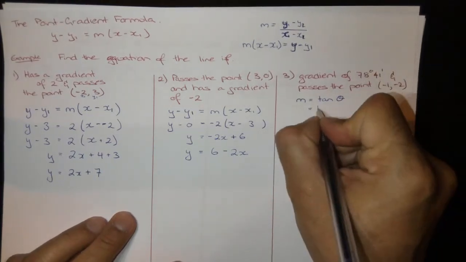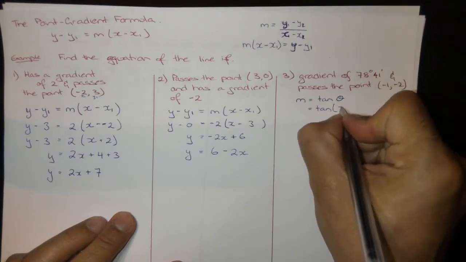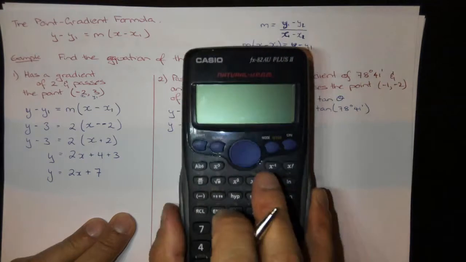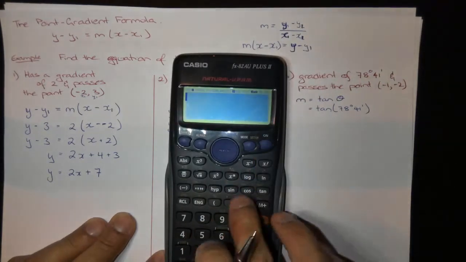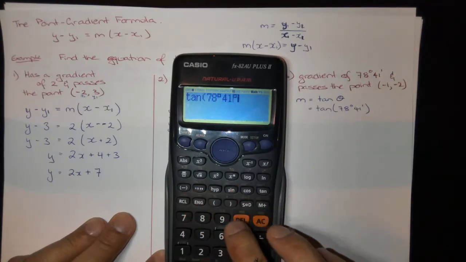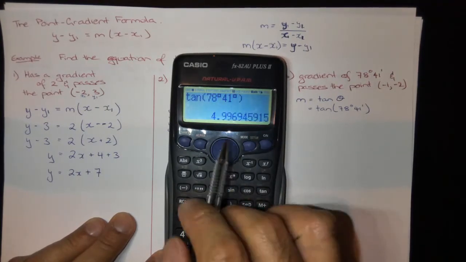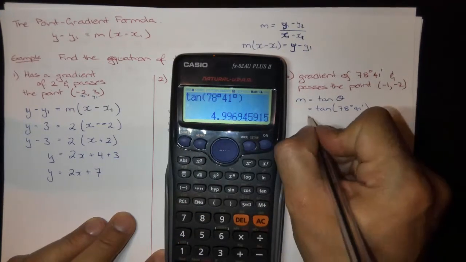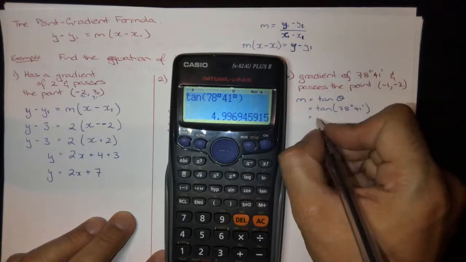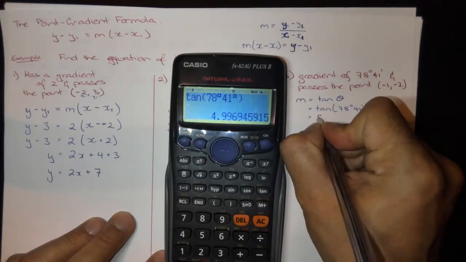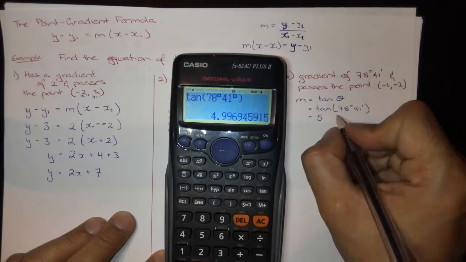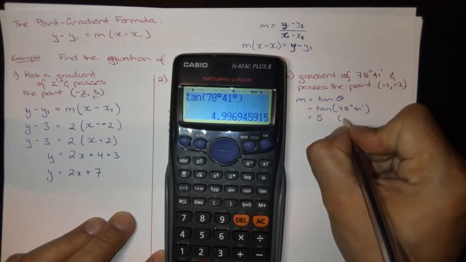So if I plug into my calculator tan 78 degrees and 41 minutes, I will get the solution of 4.99. For this point, I really should keep this whole thing, but as an example, I'm going to round it up. Okay, so 5, the gradient of 5. This is like nearest whole number.